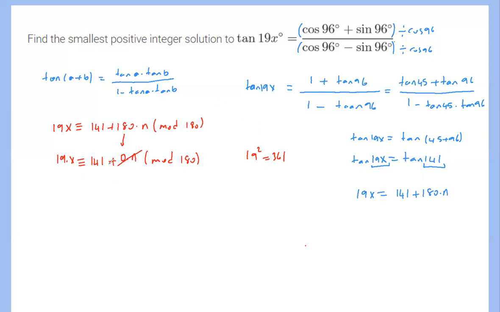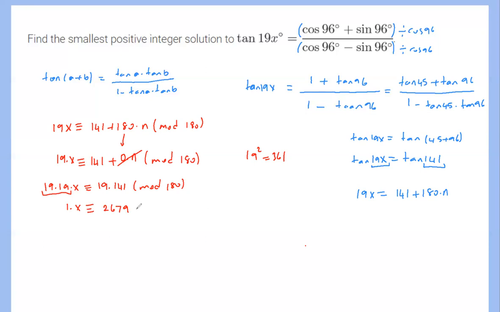So if I multiply both sides of this congruency by 19, you will get 19 times 19 times x is congruent to 19 times 141, mod 180. Before we multiply the right side, let's do this first. If you multiply these two, you get 361, and when you divide by 180, you get a remainder of 1. So that's going to be congruent to this product, so that's just going to be 1x is congruent to, if you multiply these two numbers, 2679.